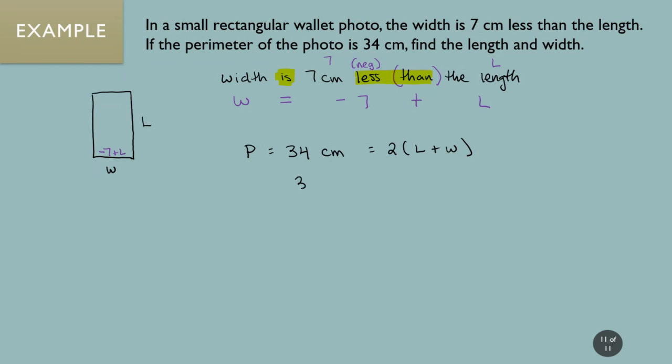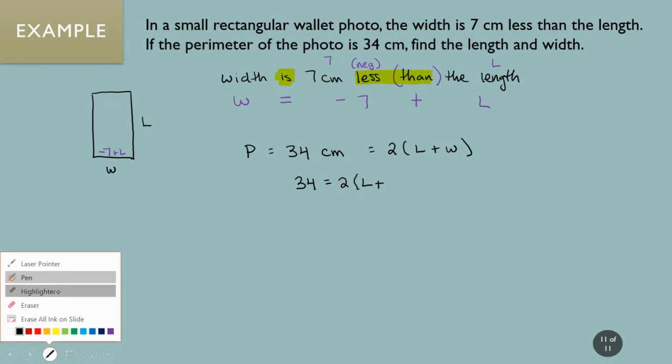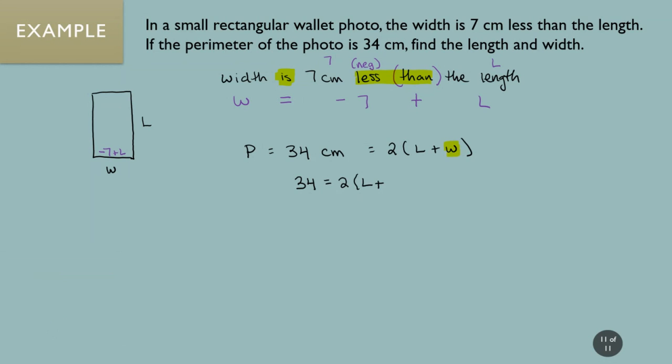So I know I have 34 as one of my numbers here because the perimeter is 34. I have 2 times L plus, and then instead of W here, I'm going to write what W is equal to, the -7 plus L, because that is the width. We said that that is equal to that.